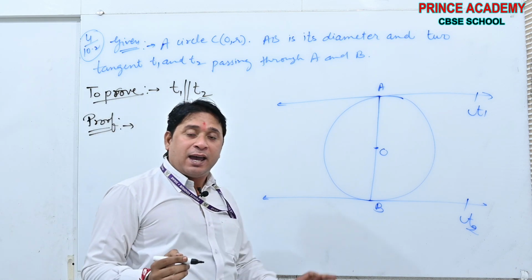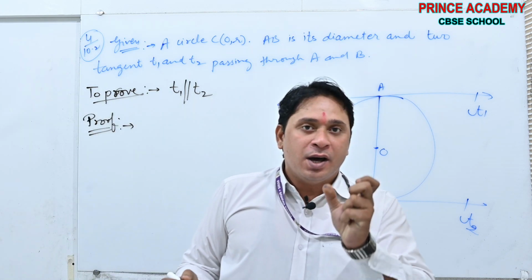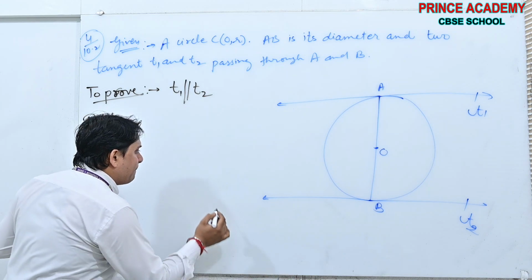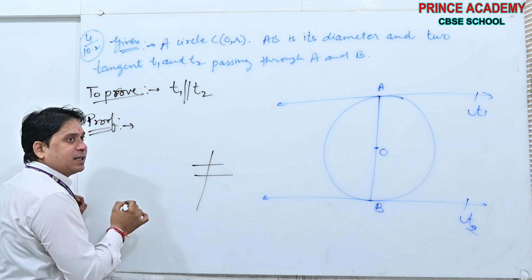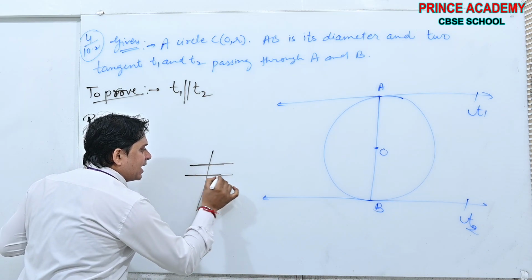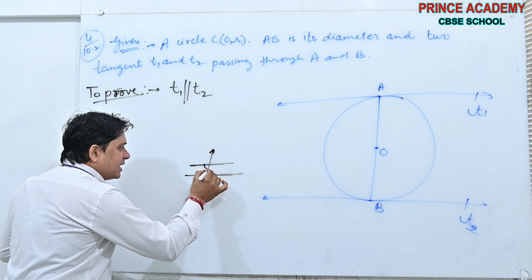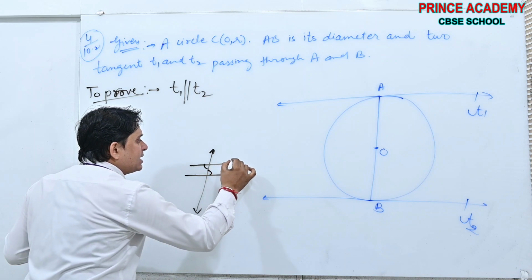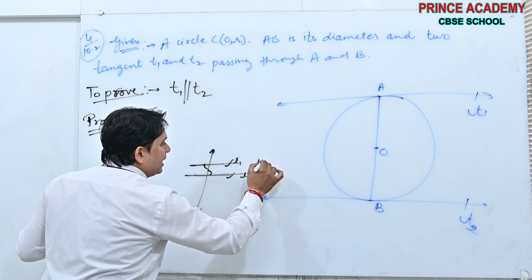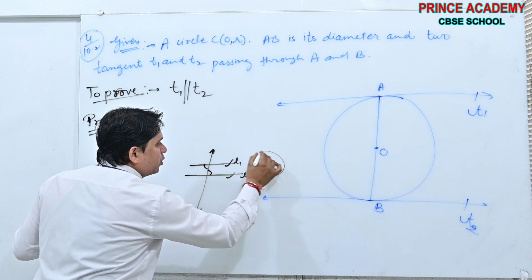If you remember class 9 or earlier classes, if two lines are there and a transversal is there and these alternate angles are equal, then L1 will be parallel to L2. Yes or no?